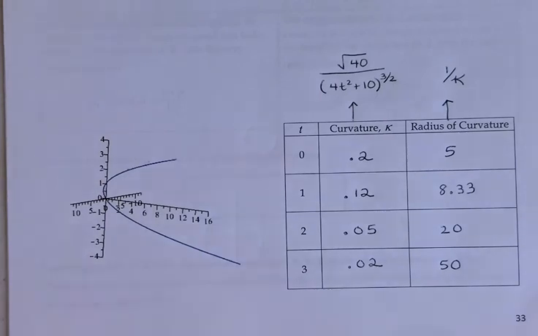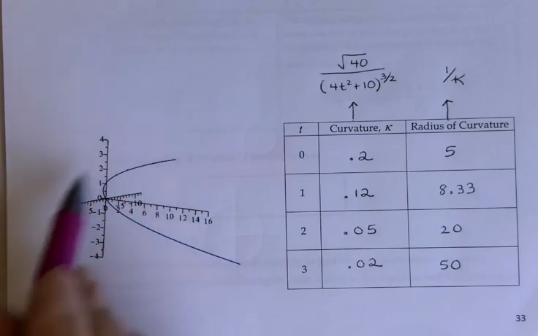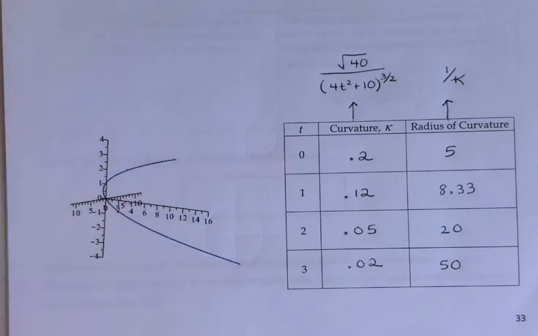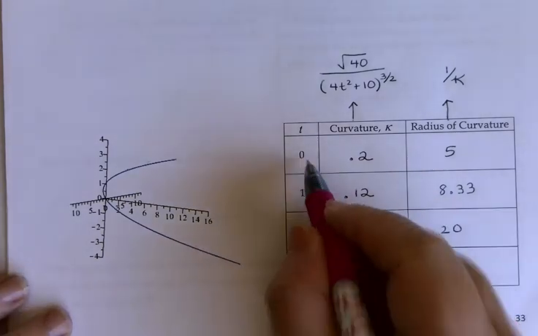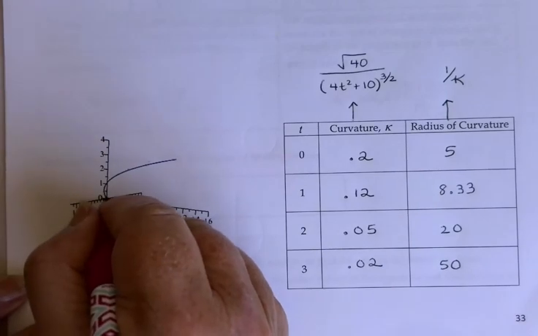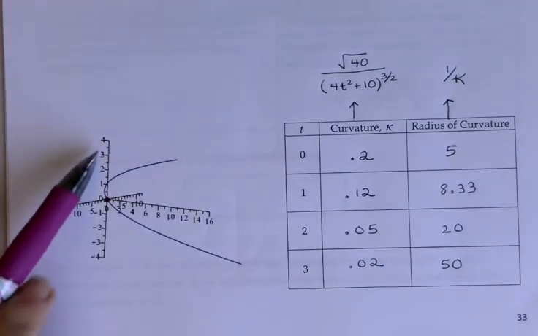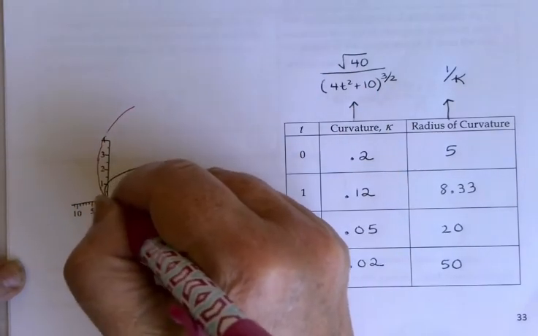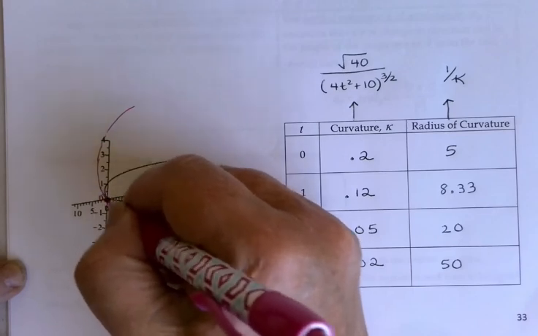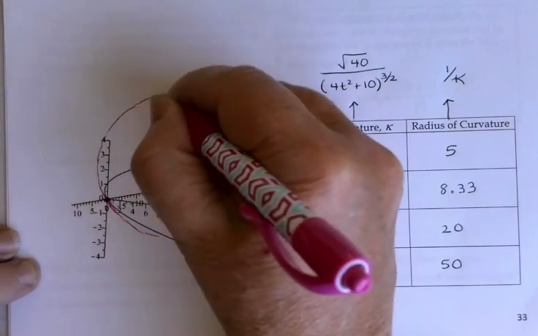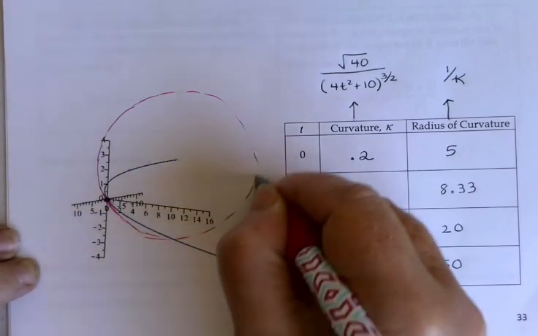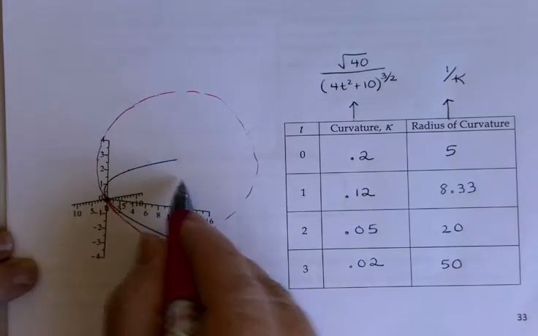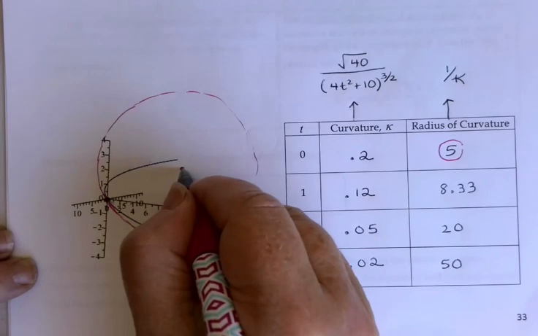Here's what the radius of curvature actually tells us when we've got a curve that's not a circle. It tells us the radius of the tangent circle. If I imagine right at t equals 0, which would be the origin, a circle that just touches the graph at that point, that circle would have a radius of 5.